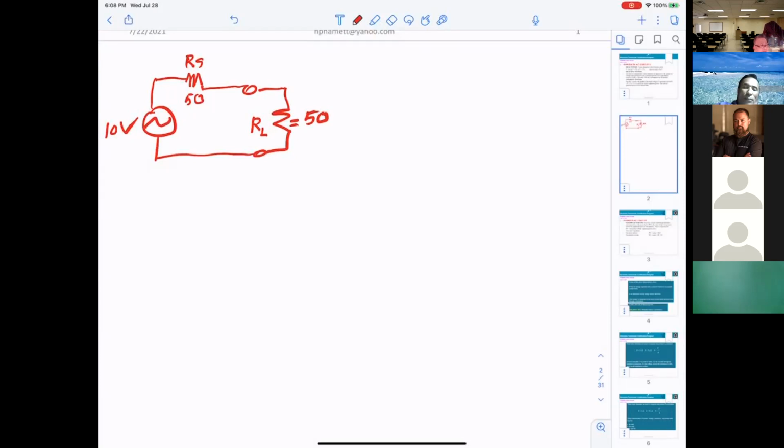RS, what does that mean? That will be the internal resistance of the generator. Okay? And now you connect the load RL, 50 ohm.